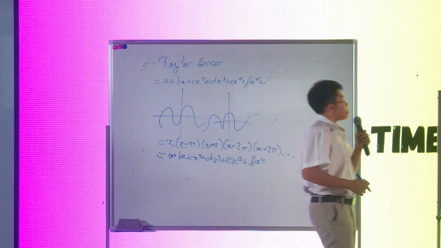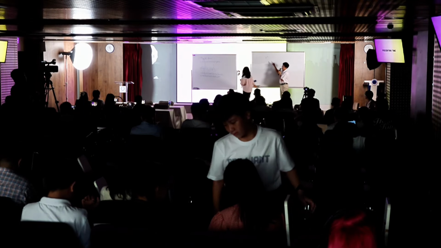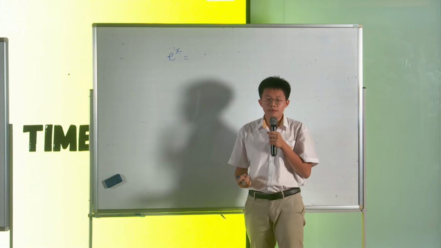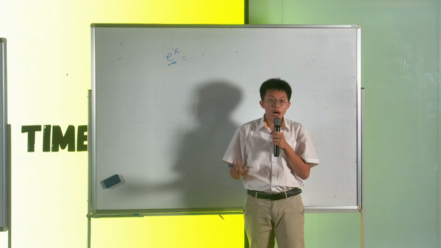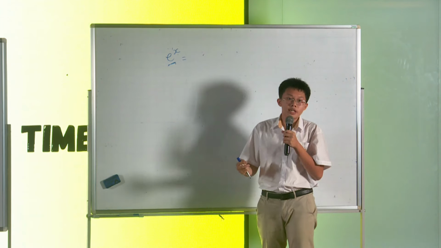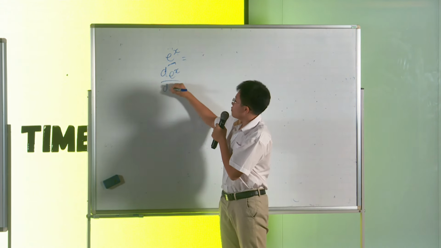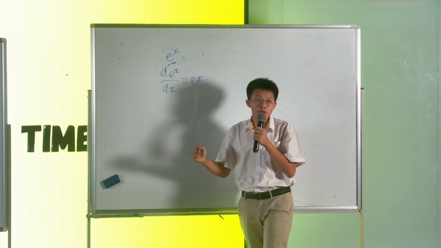But what about the exponential function e to the power of x? Why does it need to be a Taylor series? This function needs to be a Taylor series because it has to keep the same function for every differentiation. So for the first differentiation, it still has to keep its original function.